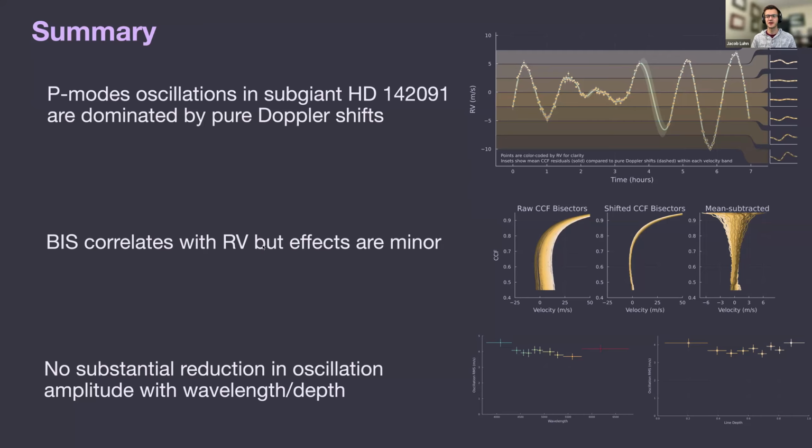There is some correlation with RV, so perhaps a diagnostic there, but these effects are minor and so aren't necessarily tied to the actual RVs that we're measuring. And then lastly, we see no substantial reduction in oscillation amplitude with either wavelength or depth.